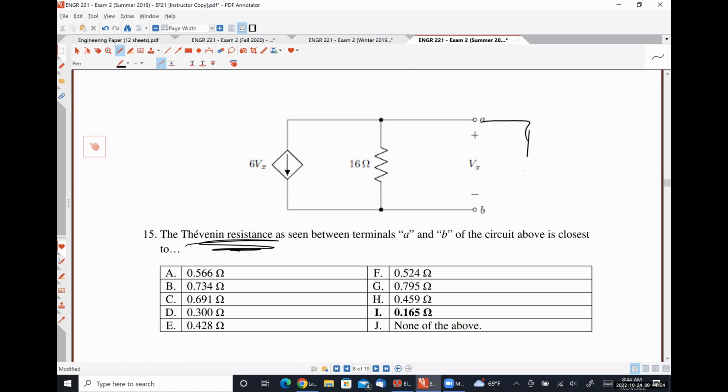So if we put a 1 volt source here, then we know that this is 6 amps flowing down. This is 1/16 ohms. And I test is just those 2 things added together and we're done. So for this particular one, using a test voltage source makes this much, much easier than if you'd use a test current source.